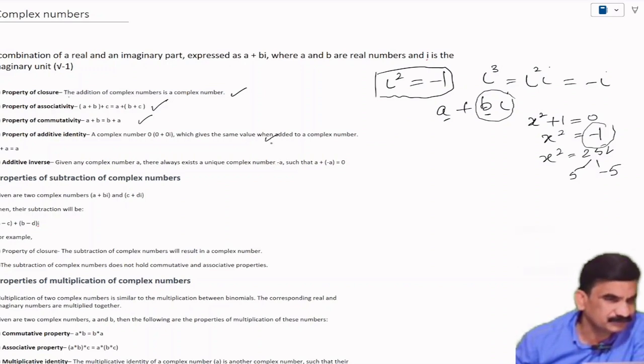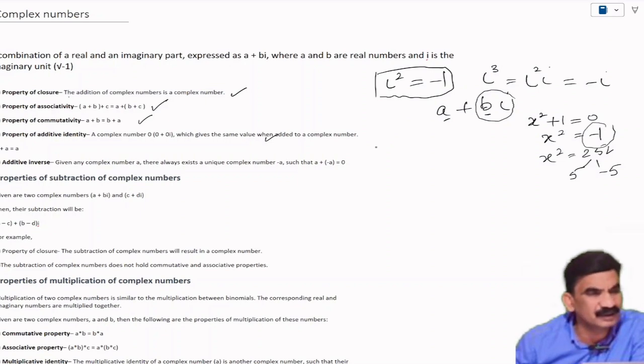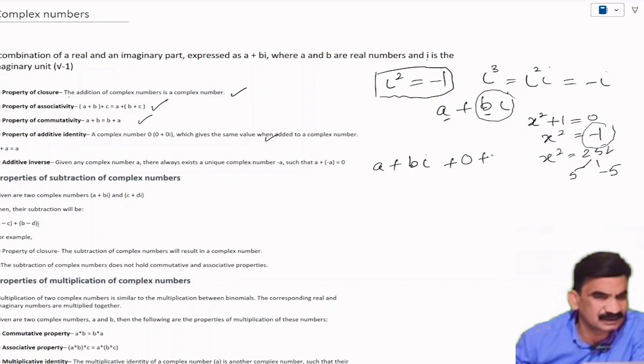This is important. There's something called the additive identity. Additive identity is defined in such a manner that it gives the number itself. So, suppose a plus bi, and I can add something called 0 plus 0i. This is called an additive identity, that when this is added to this, I'll get the number. Then there is the additive inverse.